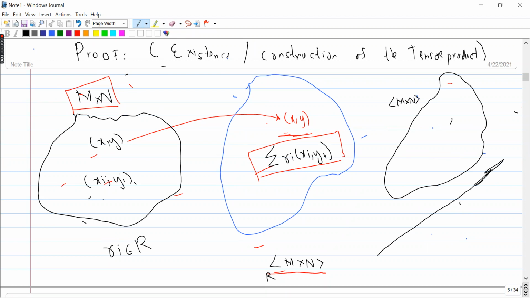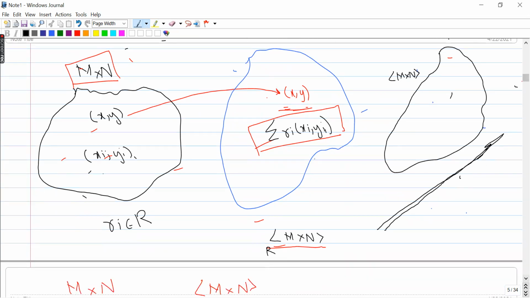We need to take the quotient of this module with some submodule of this thing. So इसका क्वोशंट हम किस तरह से ले सकते हैं.